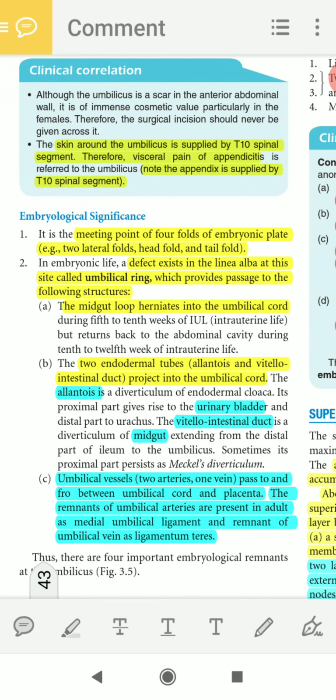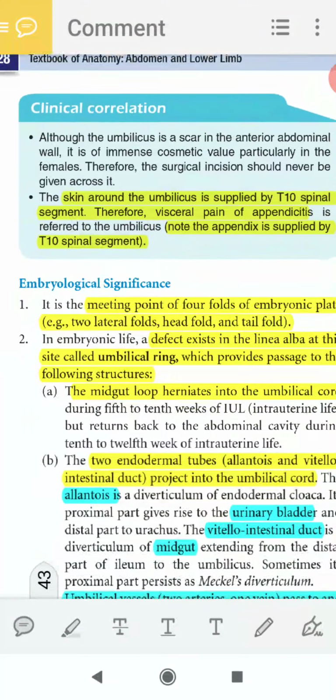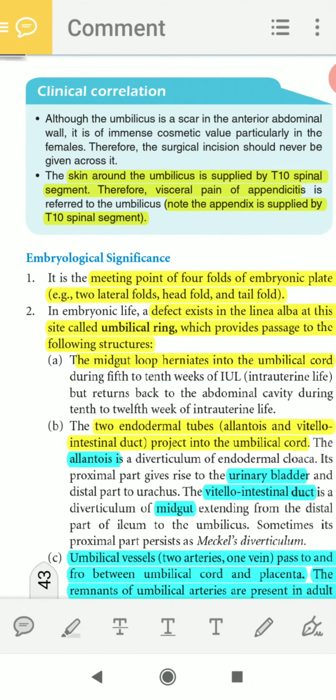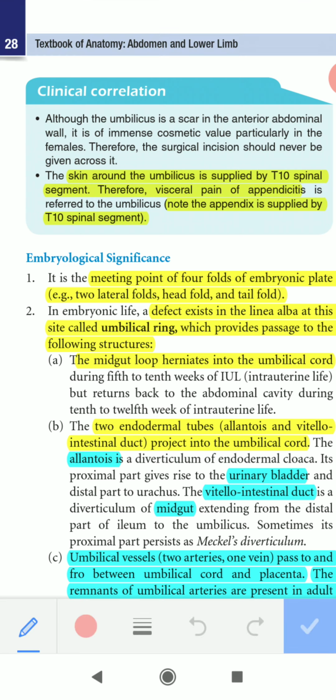Now one important clinical correlation. I think all of you have heard the name of acute appendicitis, that means inflammation of the appendix. The skin around the umbilicus is supplied by the thoracic 10 spinal cord, and the appendix is also supplied by the thoracic 10 segment of the spinal cord.